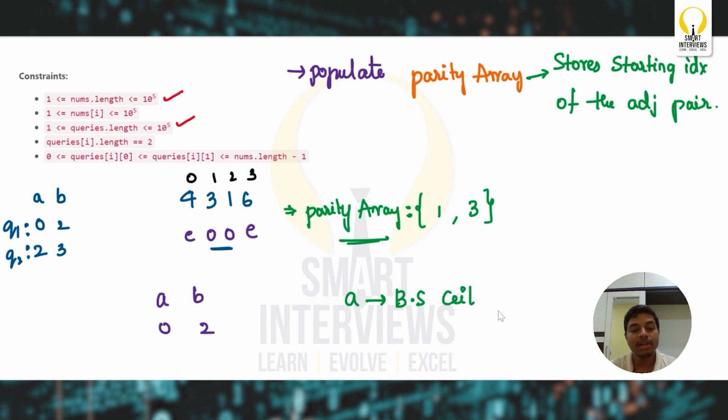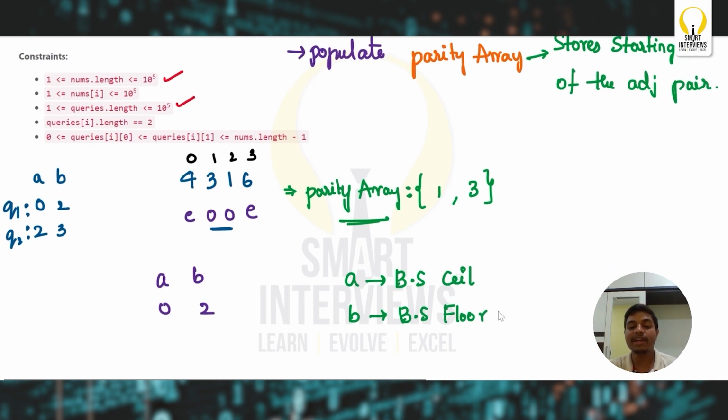In the same manner, for B, I need a value that is just smaller than B. If I want a value that is smaller than B, I can simply say that is binary search floor. So we use binary search ceil and binary search floor.